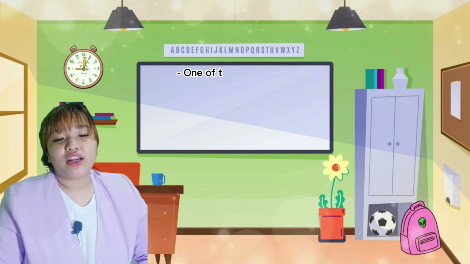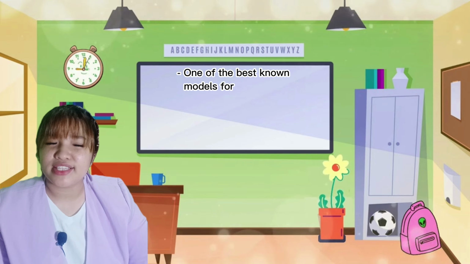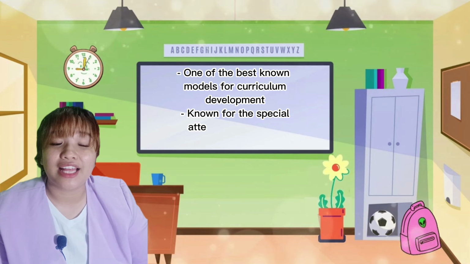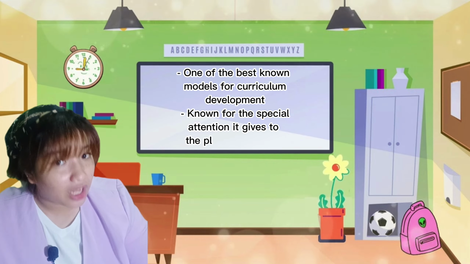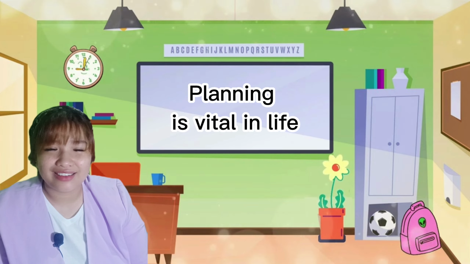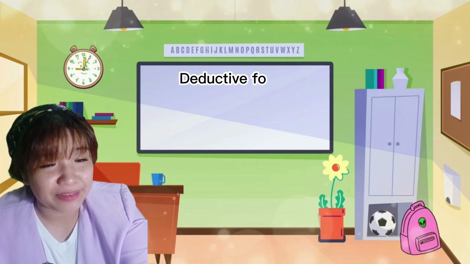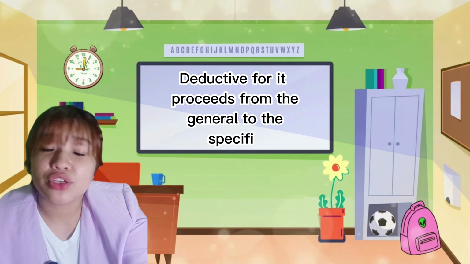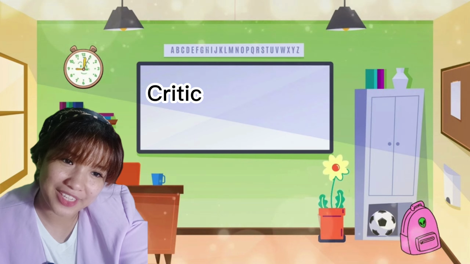The Tyler model is one of the best known models for curriculum development. It is known for the special attention it gives to the planning phases. Of course, planning is very vital in life. It is deductive, as it proceeds from the general to the specific.